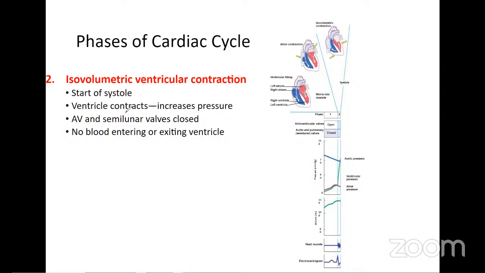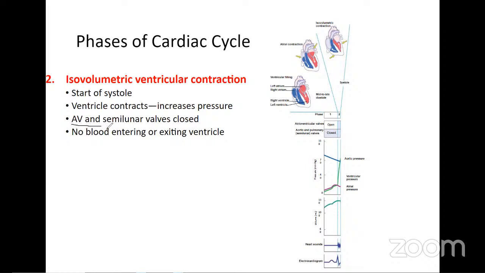If there is a hole and you have stuff escaping, it wouldn't be isovolumetric. You'd see a decrease in volume, because the volume is just how much blood.